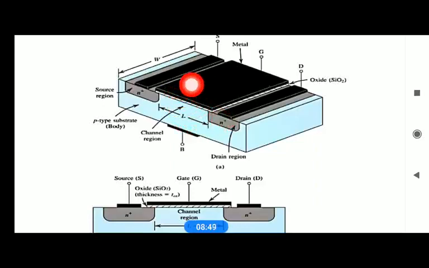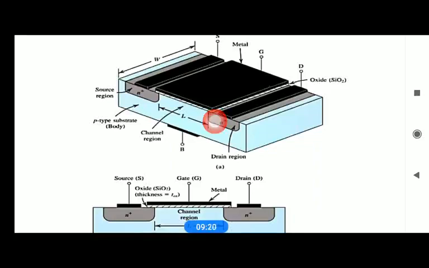So this will give you a capacitive effect, because a capacitor has two plates, one is this, another is this. In between you have a dielectric material, which does not allow the charges to flow. Dielectric material may be glass, air, wood, or silicon dioxide here, which does not allow the charges to flow.